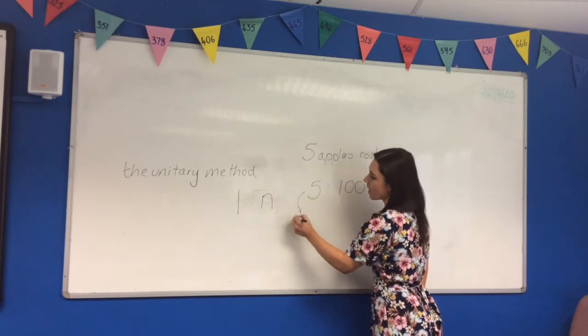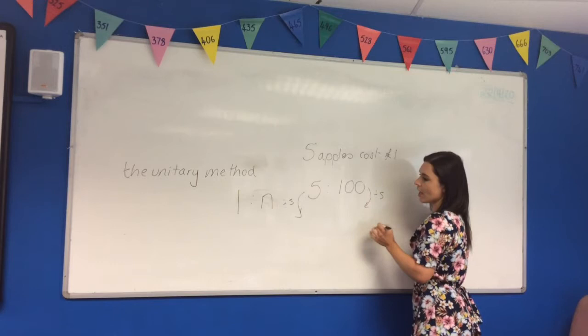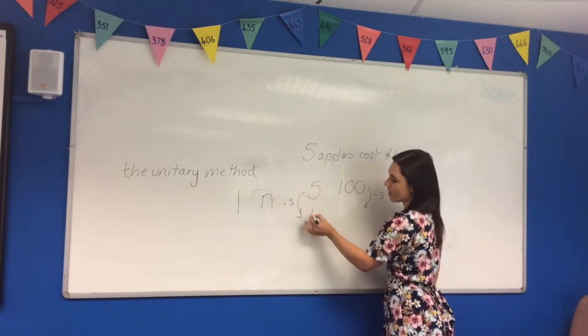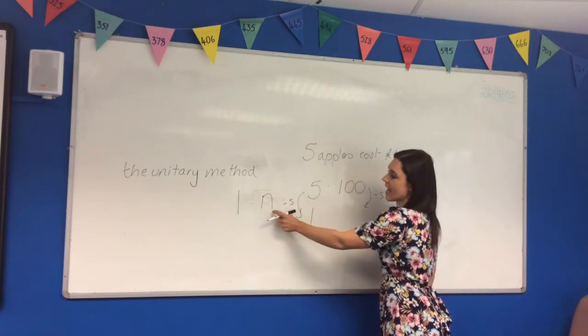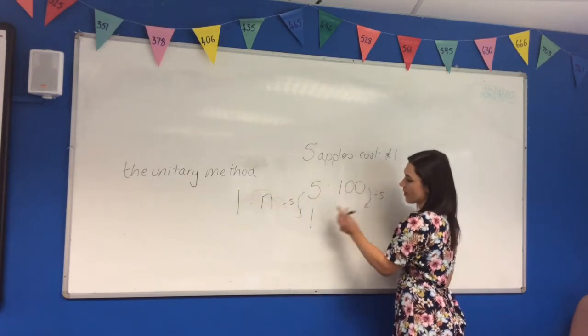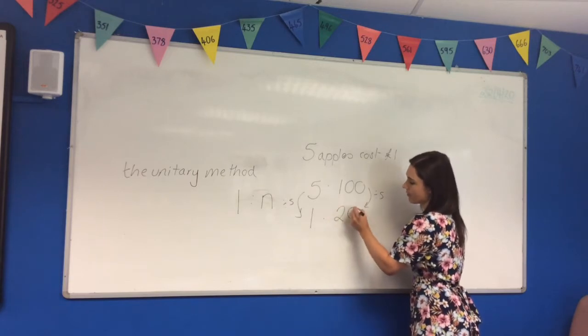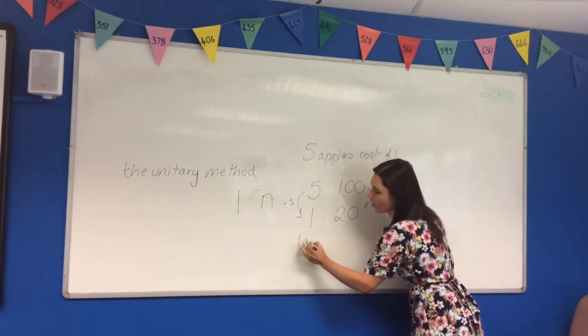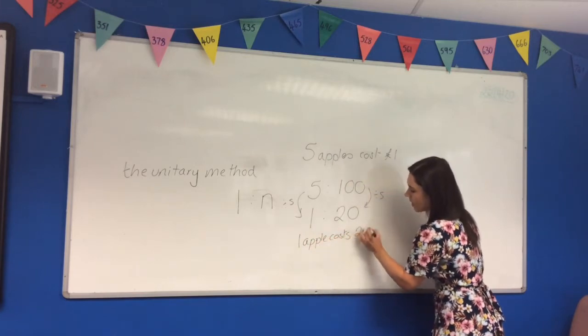If we divide both sides of our ratio by 5, 5 divided by 5 is 1, which is the first part of our unitary method. The n is what we're going to find out here. 100 divided by 5 is 20. Now we know that one apple costs 20p.